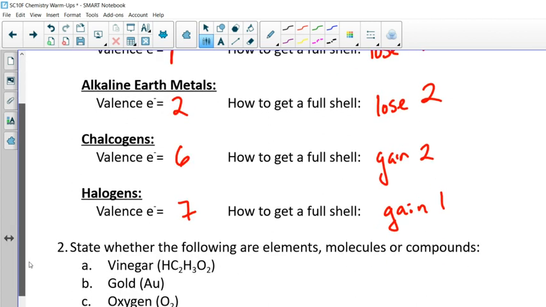Okay, so now going through these, if you remember from yesterday we talked about elements, atoms, molecules, and compounds. So what do you think this thing is? It's a compound, because there's different types of atoms. Also, because it's more than one atom, we could also call it a molecule.